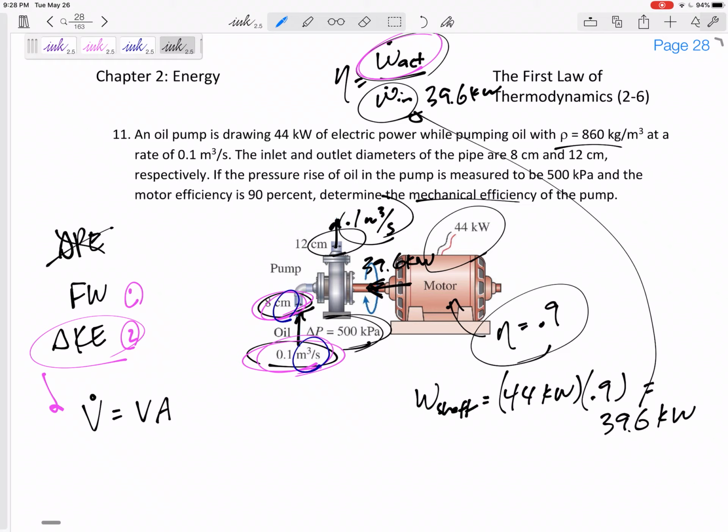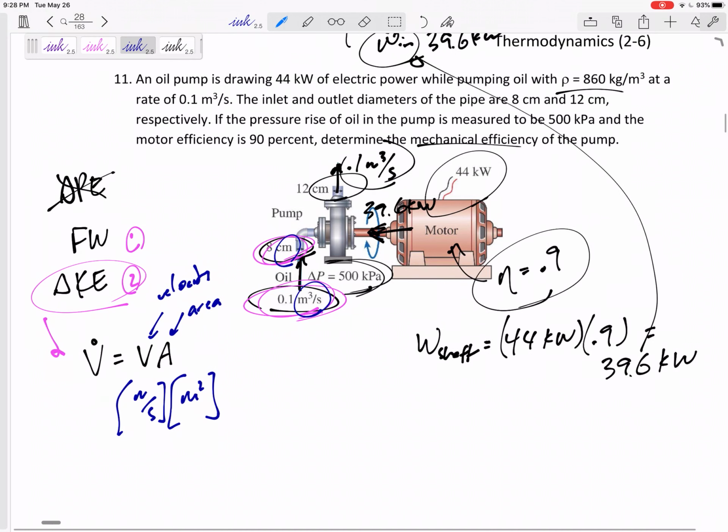Let's think about the units, make sure that makes sense. A velocity of meters per second, an area of meters squared. Yeah, I think that makes sense. That would give us the volumetric meters cubed per second flow rate.